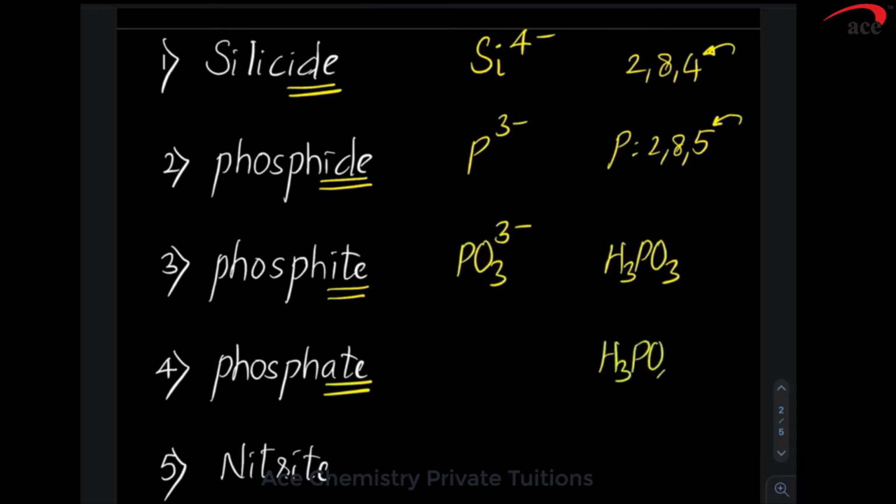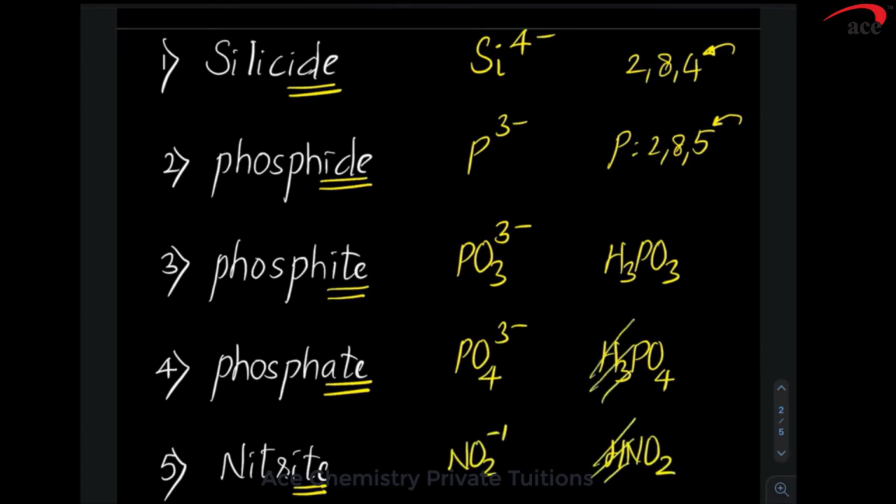Phosphate comes from phosphoric acid, so PO4 3 minus. Nitrite should come from nitrous acid, so NO2 minus 1 by removal of this hydrogen. By removal of these 3 hydrogens, the charge will be complementary.